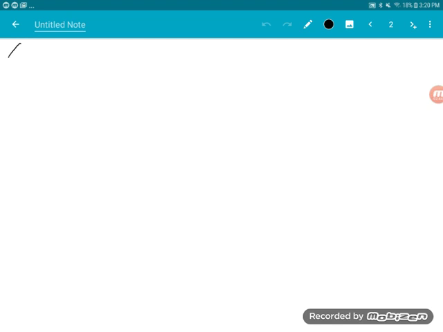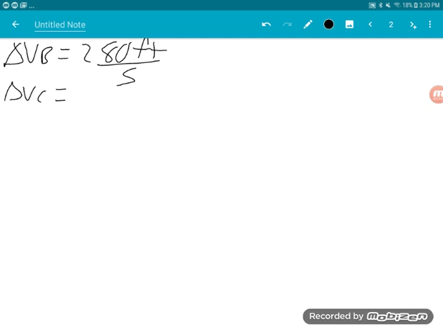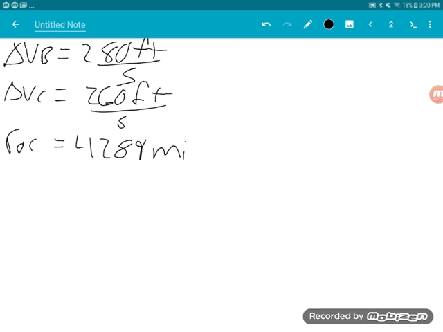We know that the change of velocity at point B is 280 feet per second. The change of velocity at point C is 260 feet per second. We know that the radius from O to C is equal to 4,289 miles.